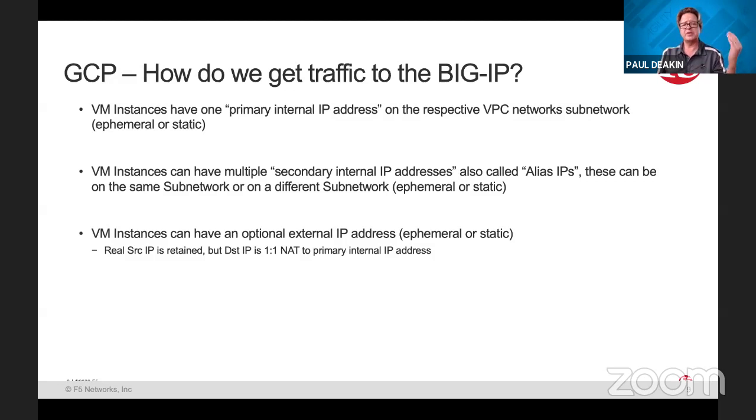When you go through the lab, you'll see we'll create a primary IP, and there'll also be some alias IPs once you've deployed it. Again, IPs can be ephemeral or static, but right now, the way you get traffic to the big IP is the internet traffic, or the traffic that will be for the TMOS, or the traffic management operating system, will come in on NIC 0, and then you'll see that management is also running on NIC 1.